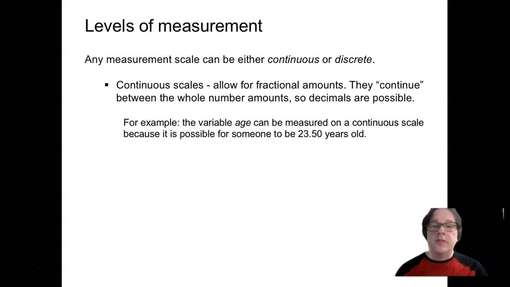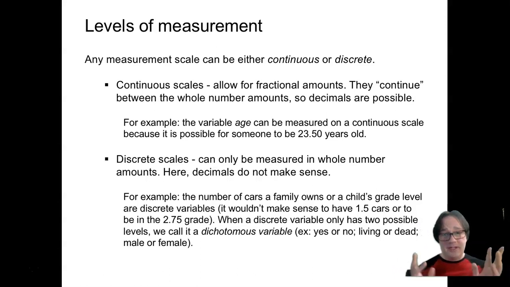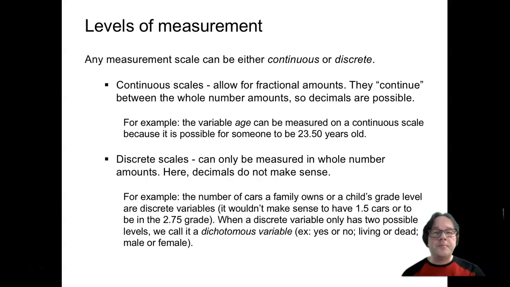But when it comes to, say, a legit example of a continuous scale, something like age can be measured on a continuous scale. It's possible for someone to be 35 or 23 and a half years old. I don't know where 35 came from. I guess wishful thinking.